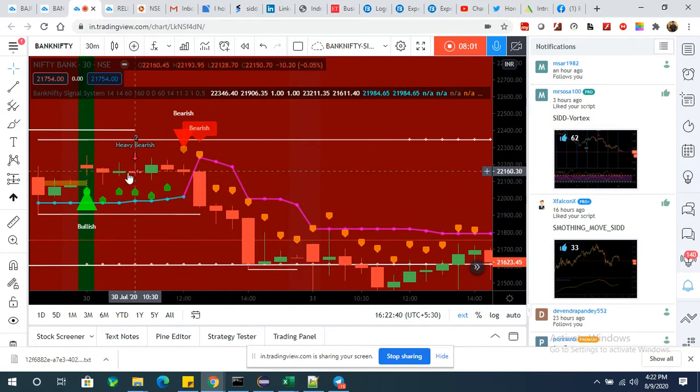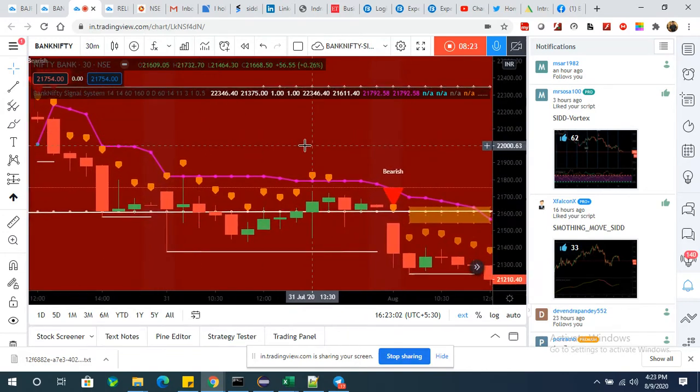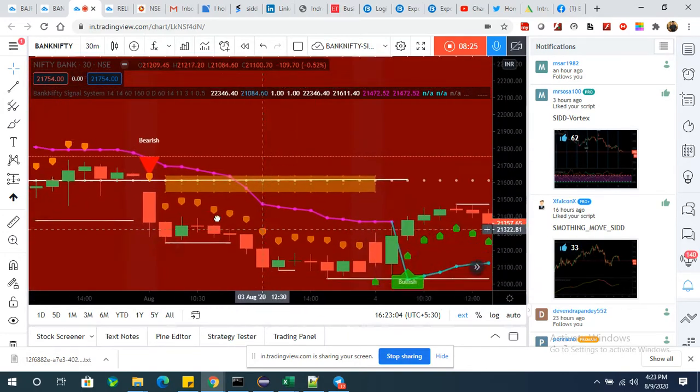If the arrows are upside the candles, then it is most probably a sideways zone. So wait for a new signal to come. You see that the bearish signal came here and the downside arrows are properly coming. That means your trade is good, and hold it. Trade is good, hold it.